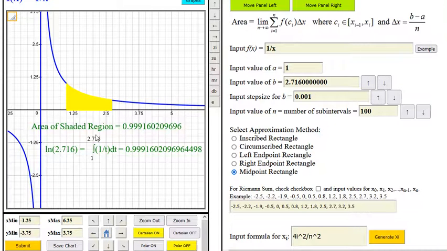So again, we're looking for this upper limit of integration right here, such that the area is exactly 1. That's what we're looking for. So there's more than 1. So let's go back down. So we're getting closer.